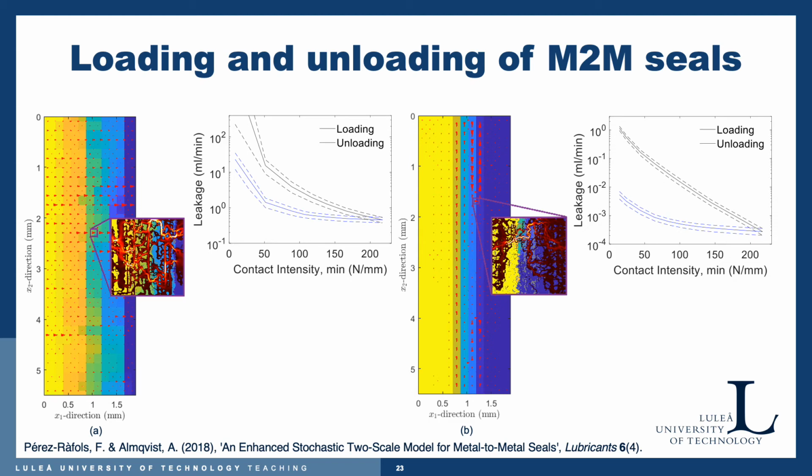This is of course important when you design your seals, to know, if you have a preloaded seal, how much the load can fluctuate before you see great leakage occurring. And you can see that the behavior is different in these two situations.